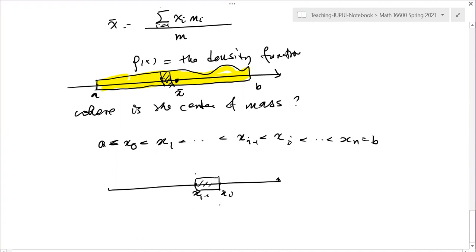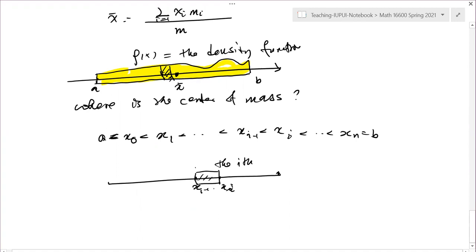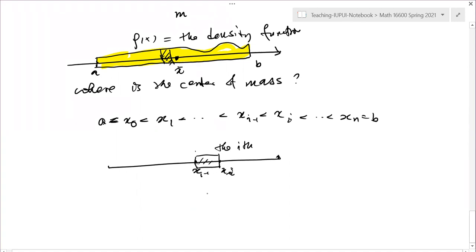This is the ith piece. The mass of this ith piece is almost equal to the density function times delta xi, where delta xi is the length of that interval.